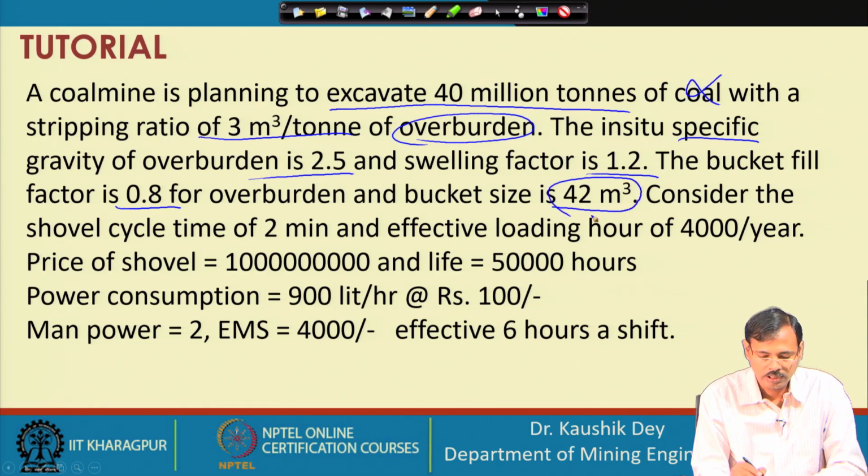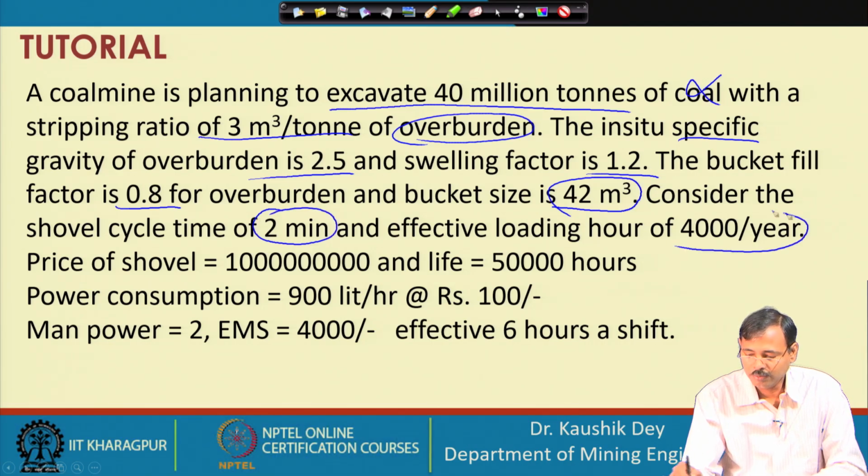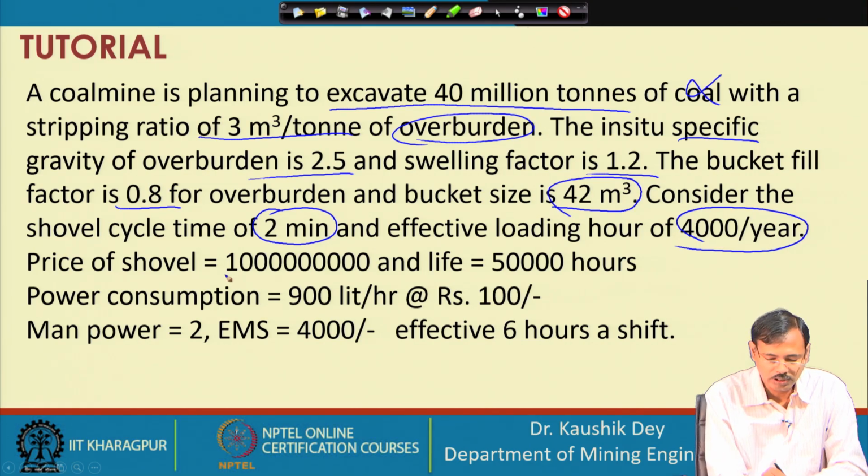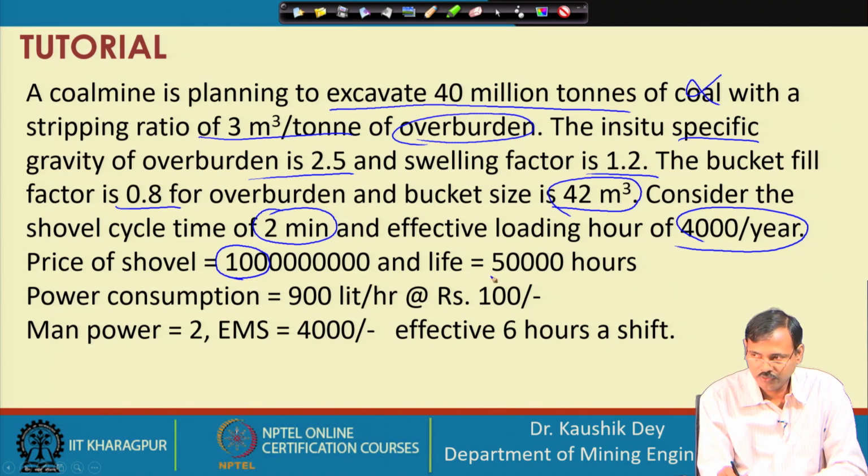is also given. Shovel cycle time is considered 2 minutes and available loading hour is considered as 4000 hour per year. The price of shovel is considered as 100 crores rupees. So, you can say it is 1000 million rupees and life is considered 50,000 hours.